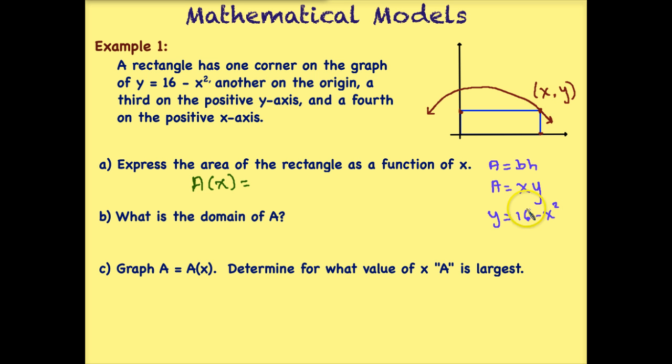So we can substitute 16 minus x squared in for y in our area function. Again, using the substitution property, we're able to compose these functions together. So let's see what that looks like. We would have A as a function of x is equal to x times 16 minus x squared.